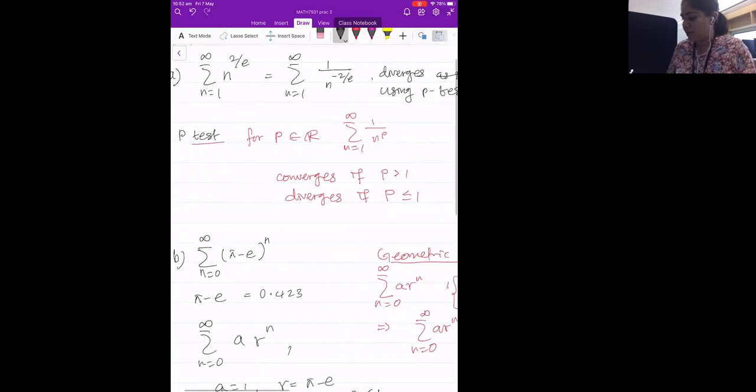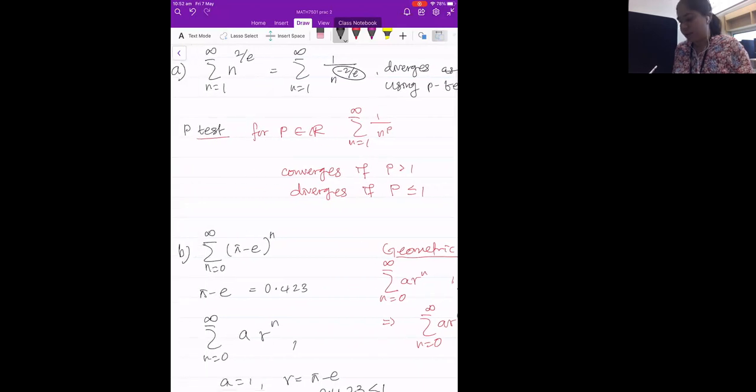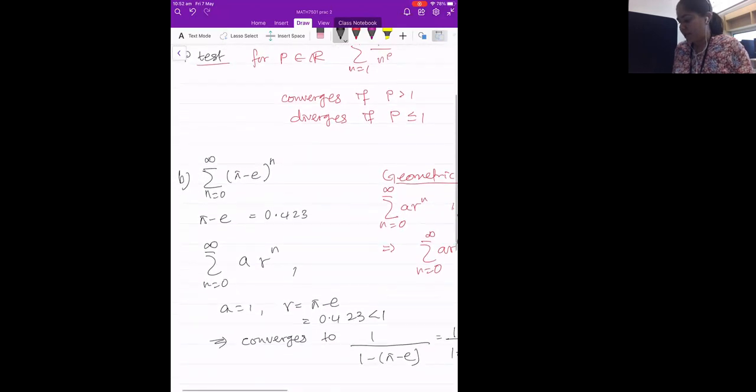So I've written it as 1 over n^(1/2), where p is less than 1. So it diverges by the p-test.